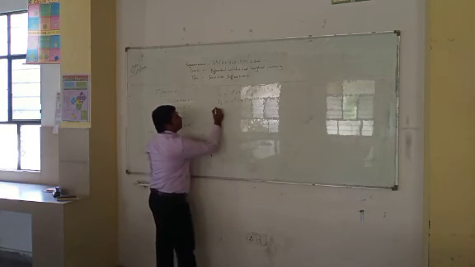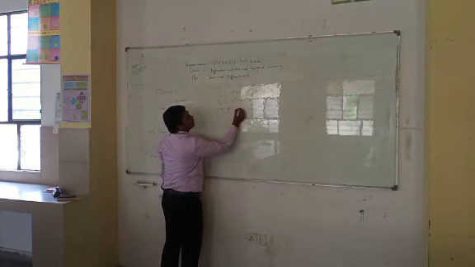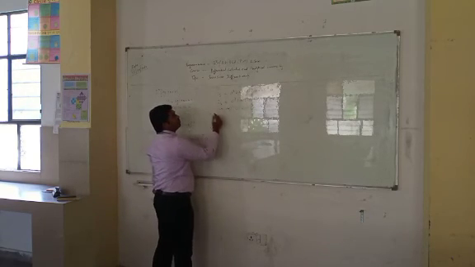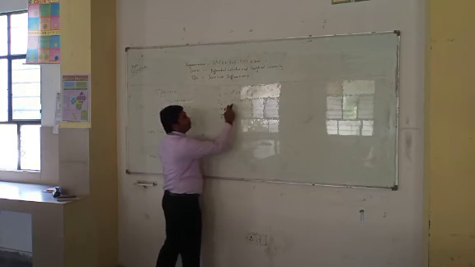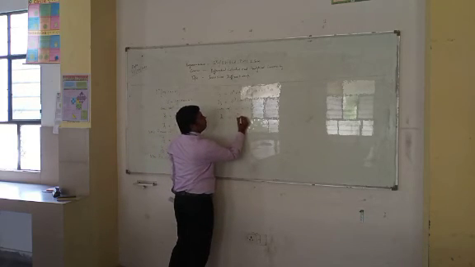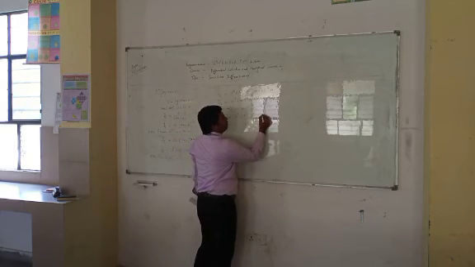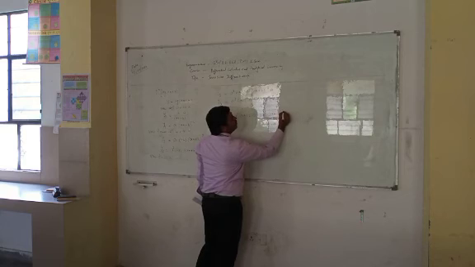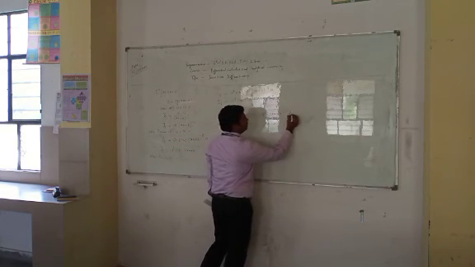Now again differentiating with respect to x, then this will be y4. So it is a cube, minus 1, minus 2 and minus 3 and ax plus b to the power minus 4 into a.